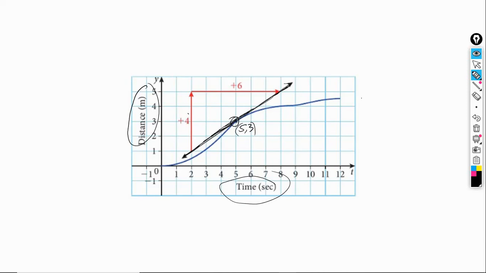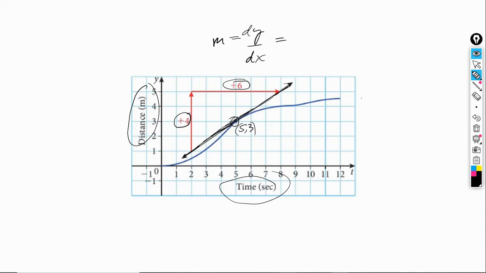Notice that we have a rise of 4 and a run of 6. So we would say that the slope equals, remember that it's rise over run, right? Or difference in y over difference in x.